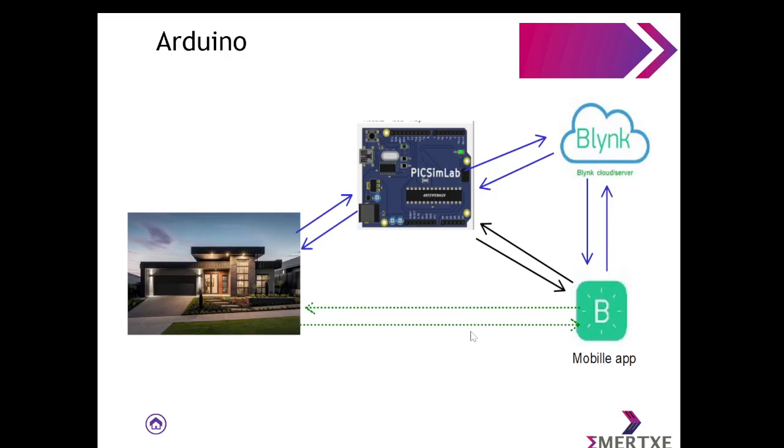Next, Arduino. Here we have a mind map from mobile to home automation, and we are using an Arduino Uno, which has a converter between analog and digital, and we are using a small application, Blynk IoT, in mobile.